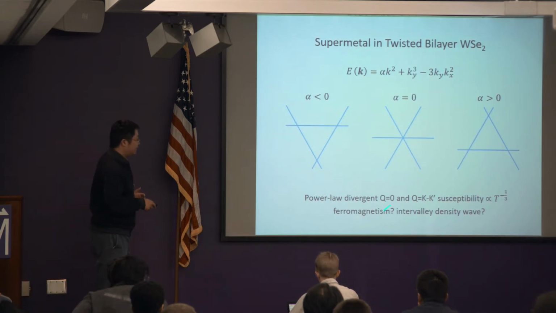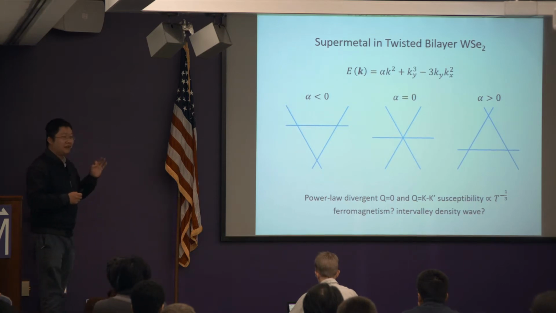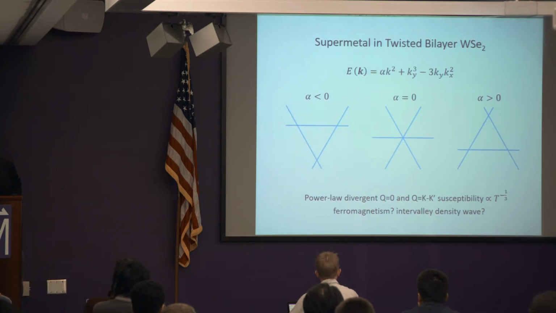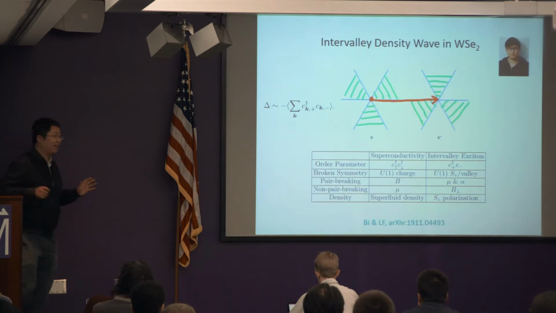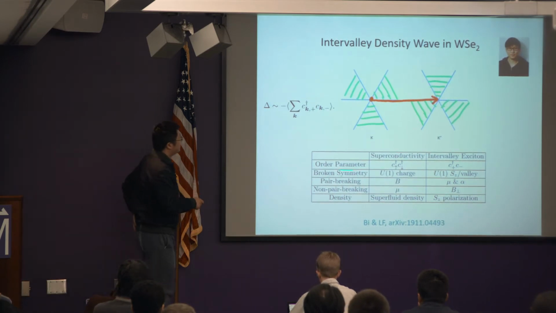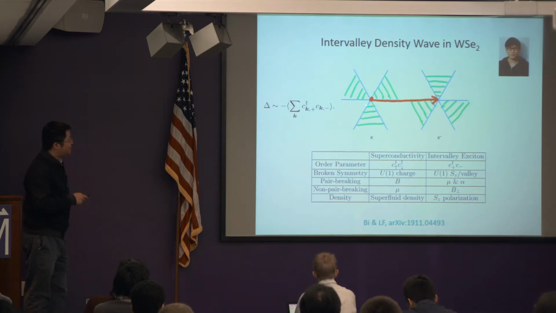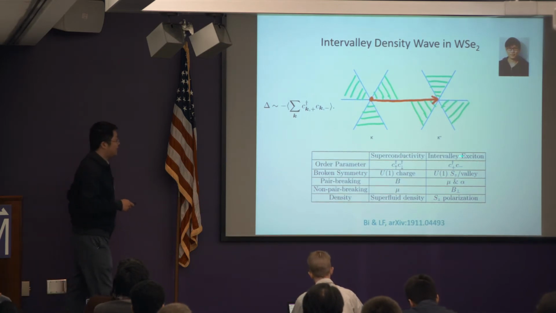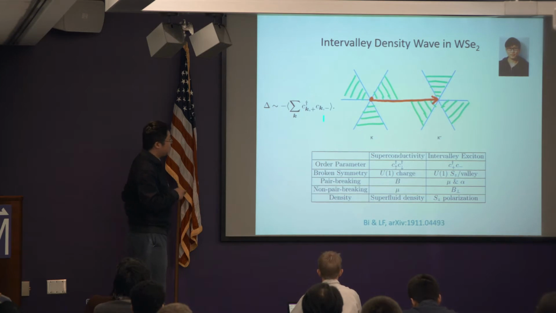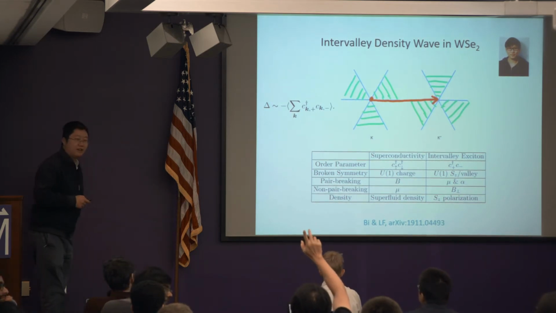On the other hand, the intervalley density wave will at least partially gap the Fermi surface, and this will gain energy. So that's why we explore this situation of the intervalley density wave. And you can think of this intervalley density wave as an excitonic pairing between the electrons in one valley and holes in the other valley. Very similar to what Philip talked about yesterday.